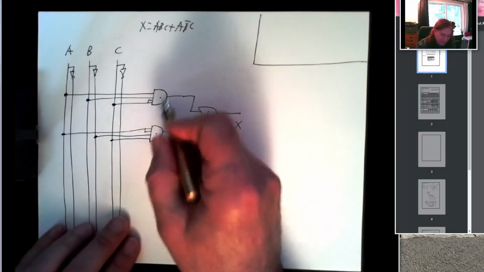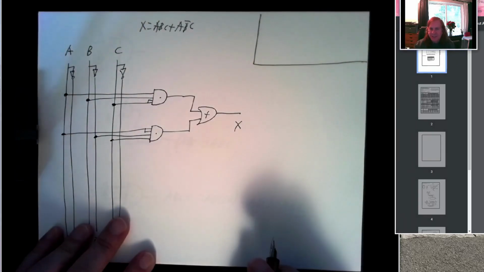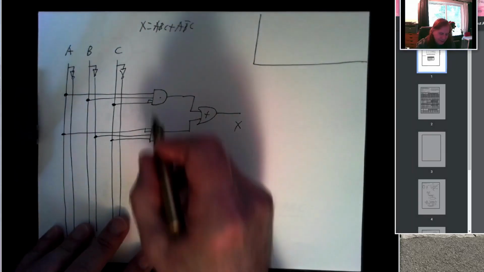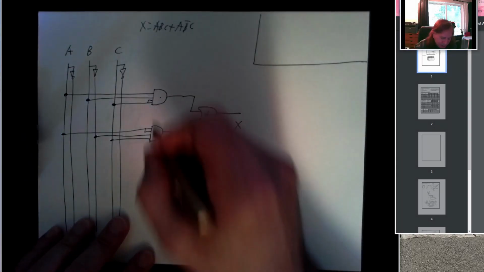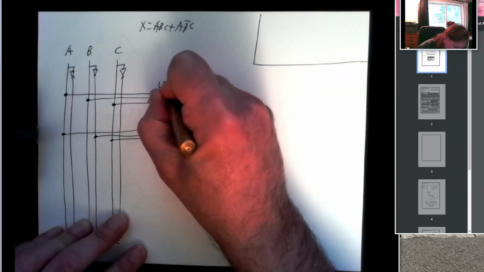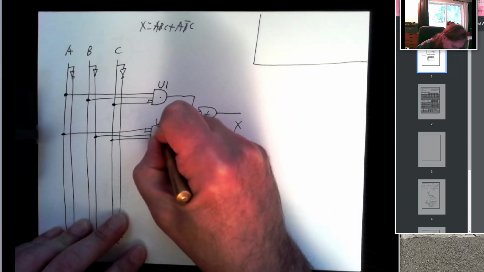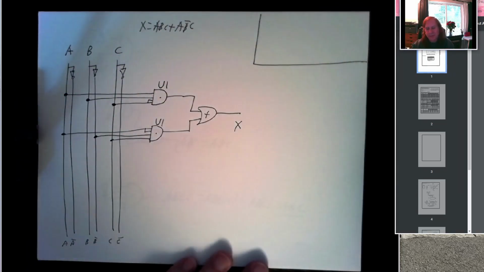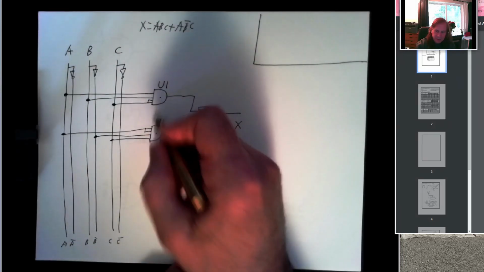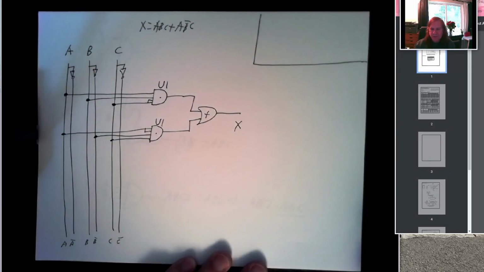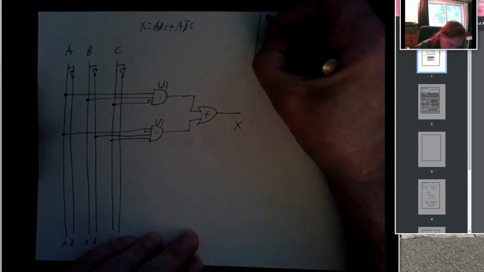So I'm going to take both of these from a single 74LS21. Now I don't want to write 74LS21 here and everywhere else. So I use a symbol, and the symbols we use are the letter U followed by a number, starting with 1 usually. So these gates will come from a component which we're going to call U1.